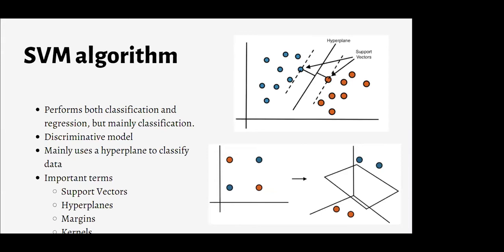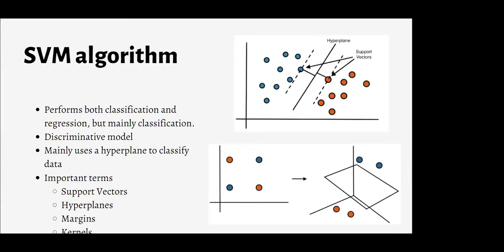So the SVM separates the data points using a hyperplane with the maximum amount of margin. So we have to maximize the margin.